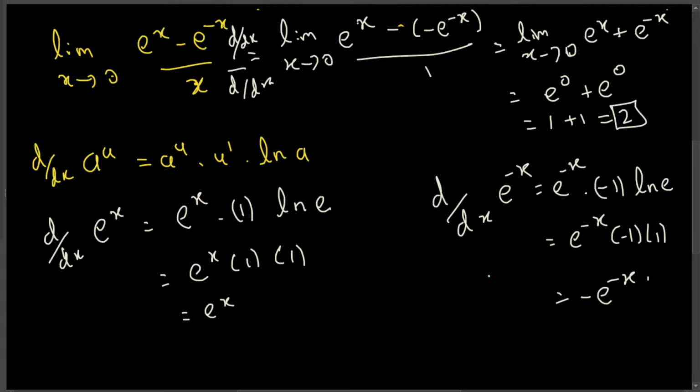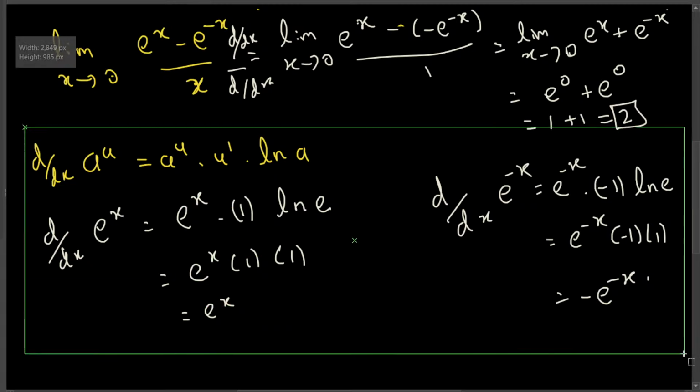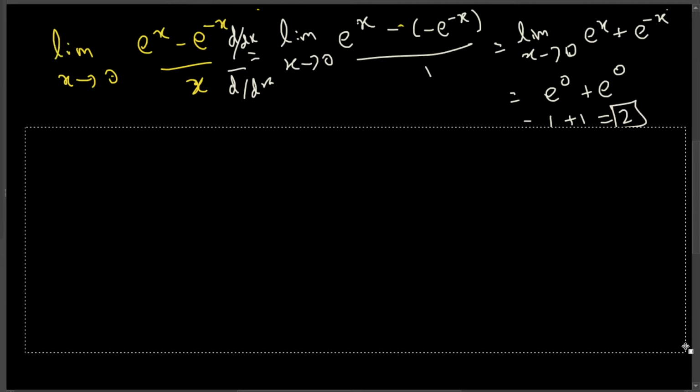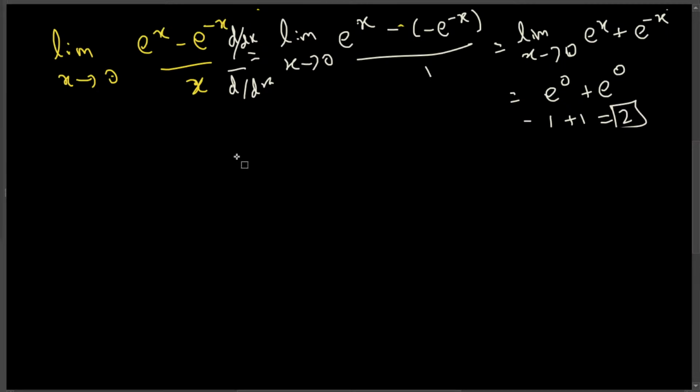Now to confirm this answer, you can always go ahead and take a value that's closer to 0 and see if you are getting 2. Let's go ahead and do that. So I'm going to erase this one. Let's take a value that's close to 0. Let's take 0.1 and substitute in this equation.